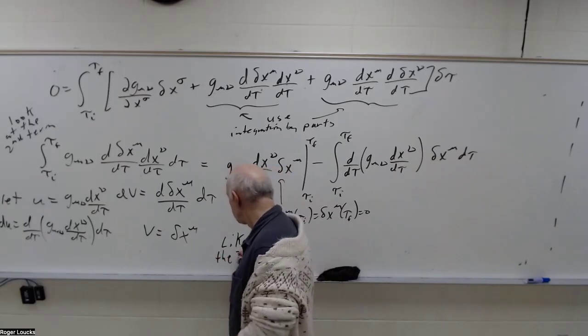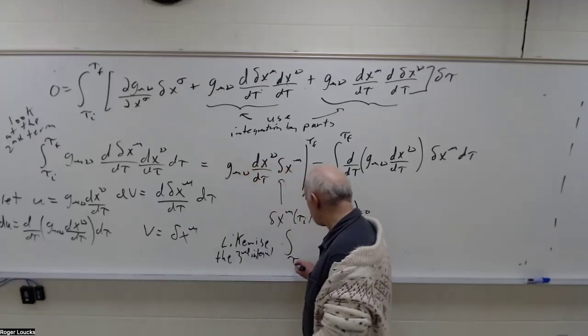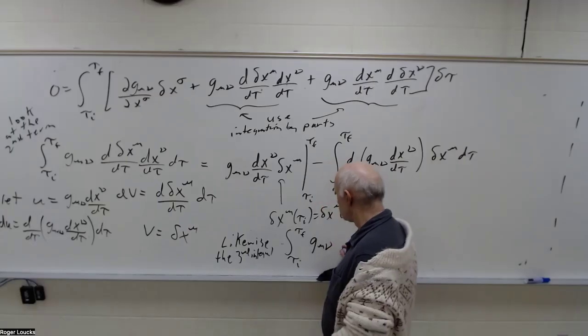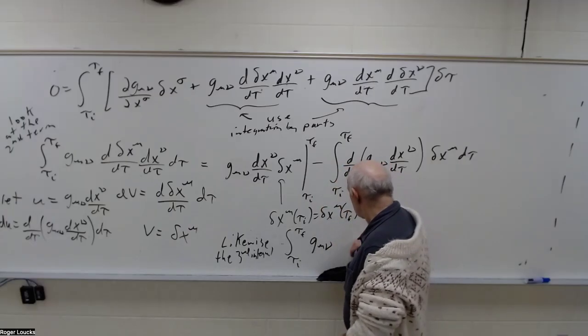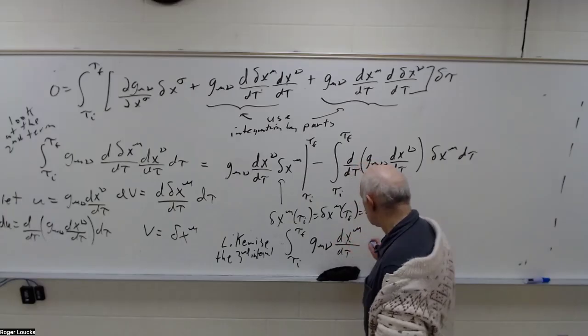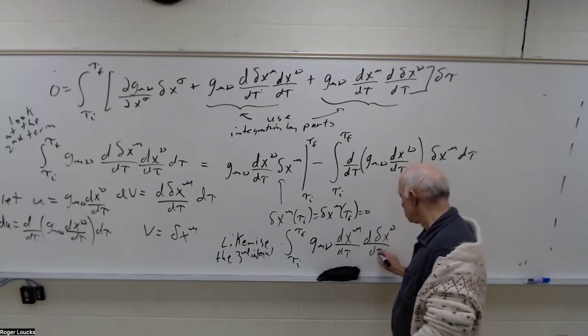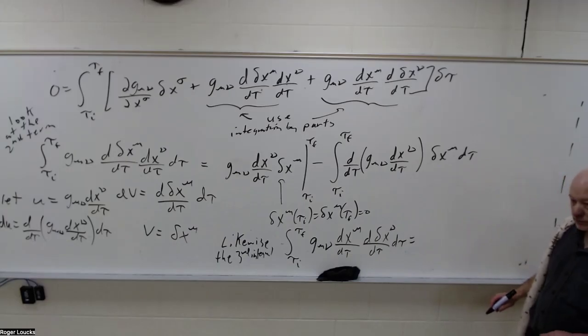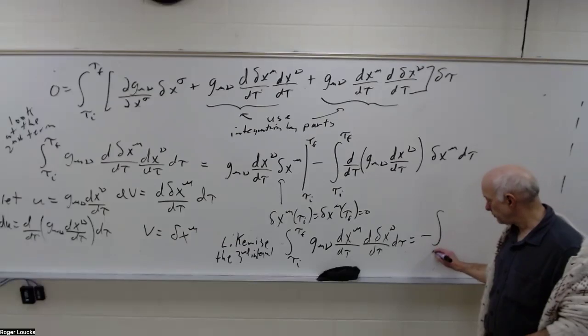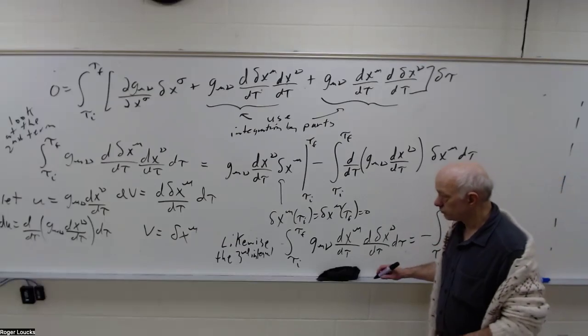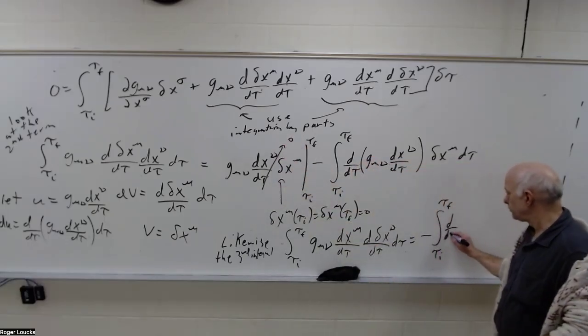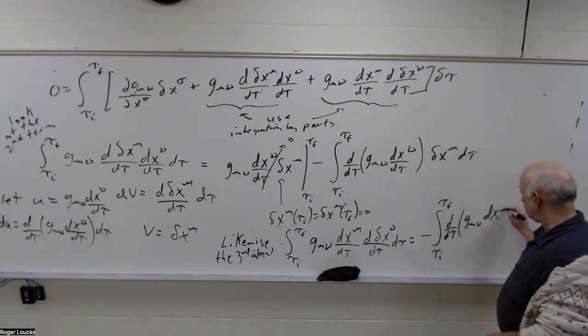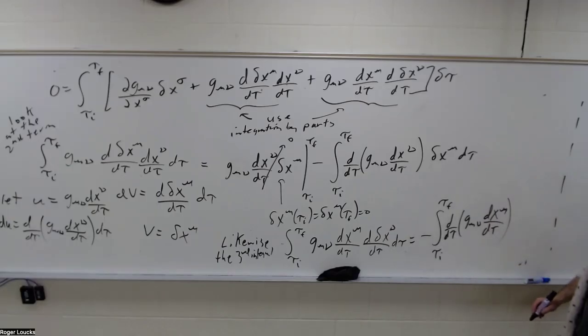Minus the integral from the initial to final of d over d tau of dx mu d tau, times delta x nu d tau.